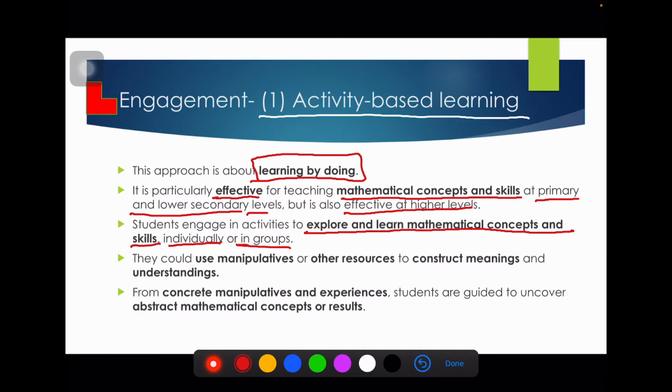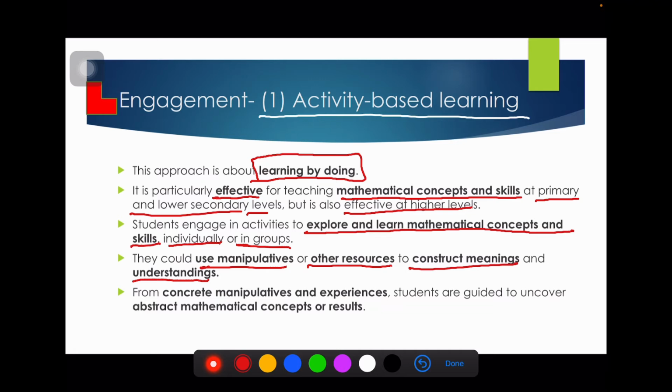The main aim is for the students to explore and learn mathematical concepts. They could use manipulatives, concrete items, or handouts, or other resources to construct meaning and understanding.